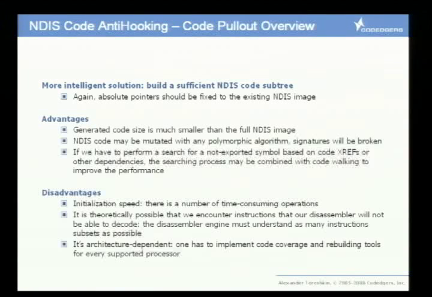When we generate a code subtree, this code may be mutated with any polymorphic algorithm, and this means that all code signatures will be broken. And if some kind of memory scanner tries to detect the NDIS copy, it will fail. The main disadvantage is that this engine is architecture dependent.